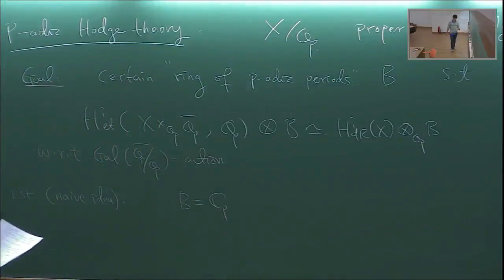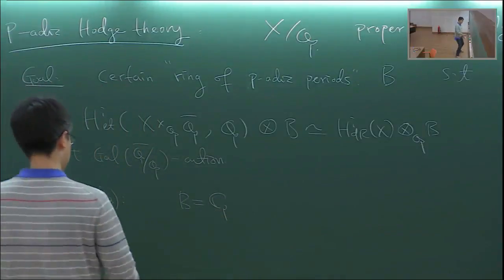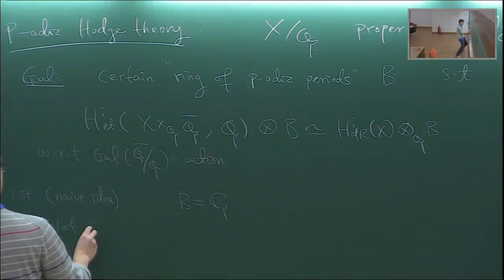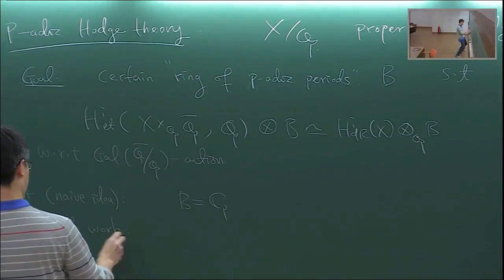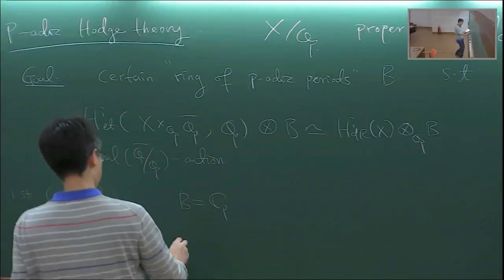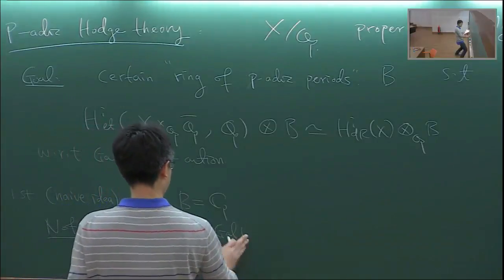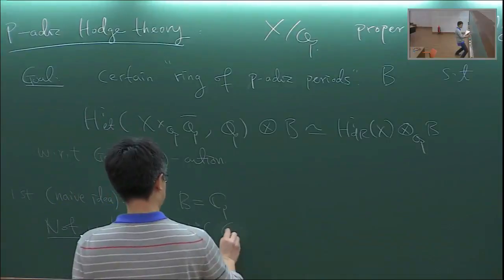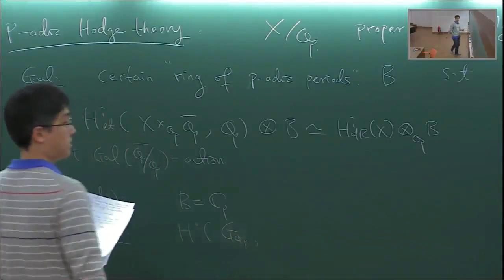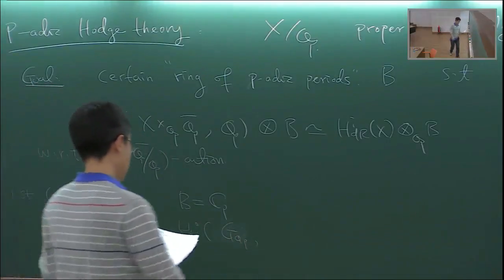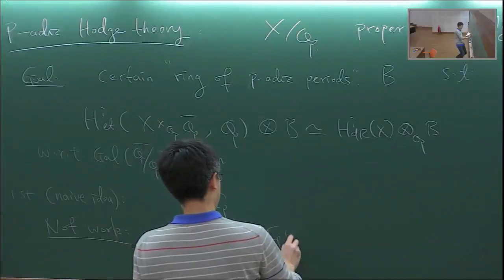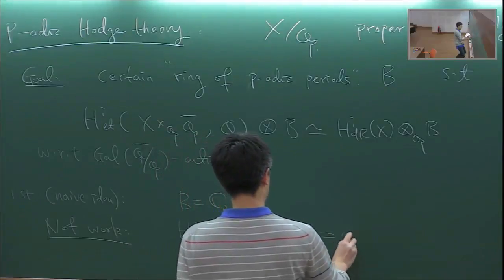This doesn't work. The reason is, if you take H^0 of G_{Q_p}, the Galois group of Q_p, with C_p(1), you twist it by the p-adic cyclotomic character, which is equal to 0.